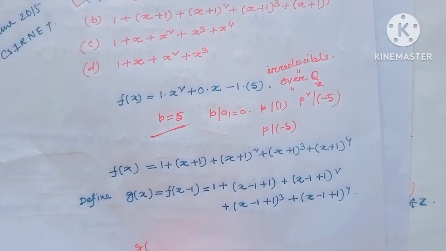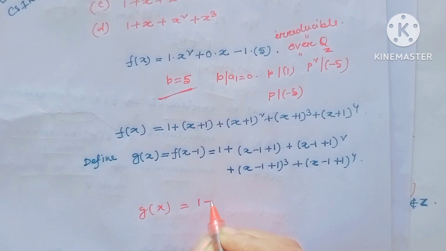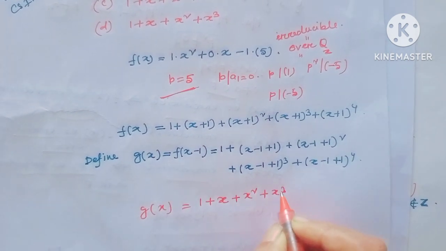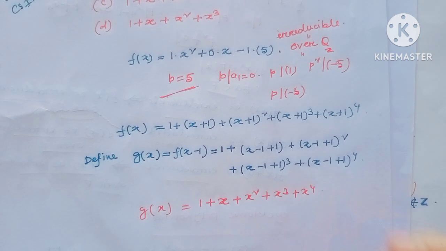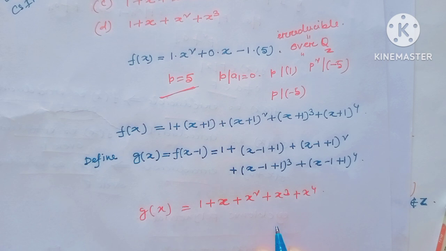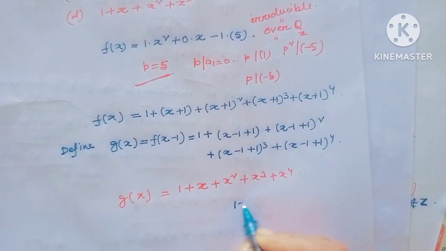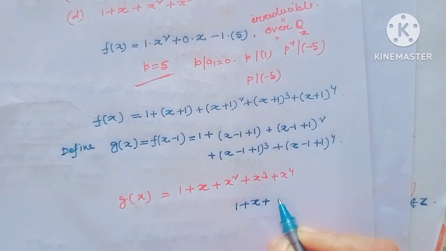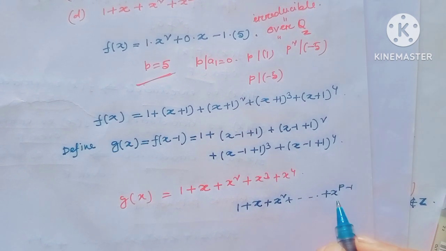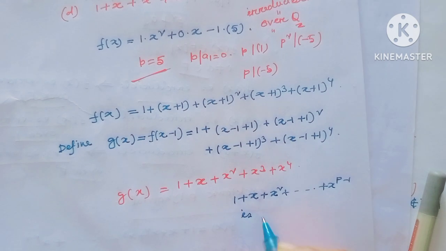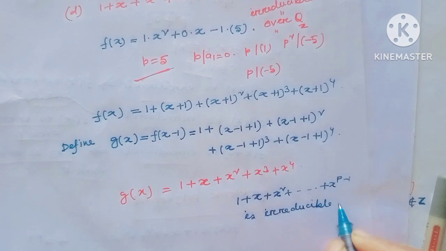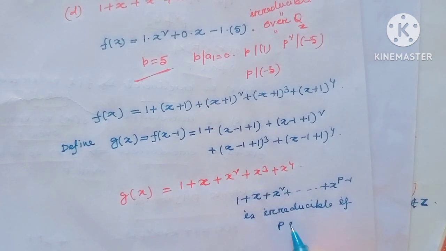Next, g(x) equal to 1 plus x square plus x cube plus x to the power 4. Notice g(x) is an irreducible polynomial because here 1 plus x square up to x to the power p minus 1, this is the cyclotomic polynomial, and this is irreducible if p is a prime number.